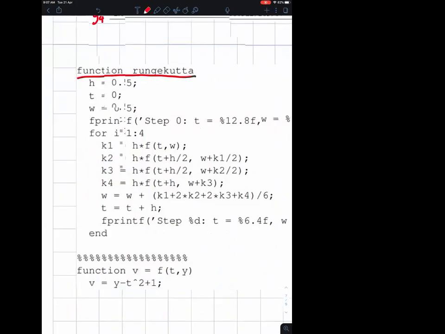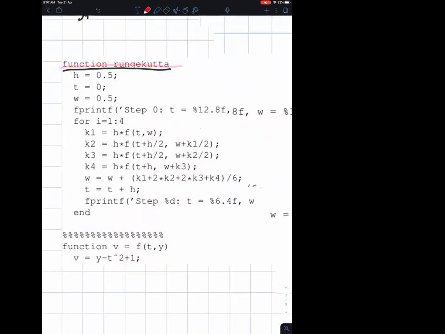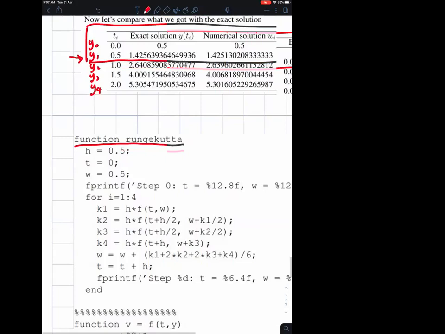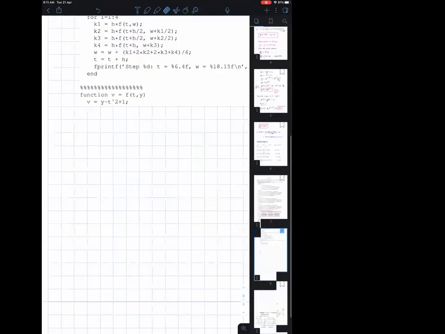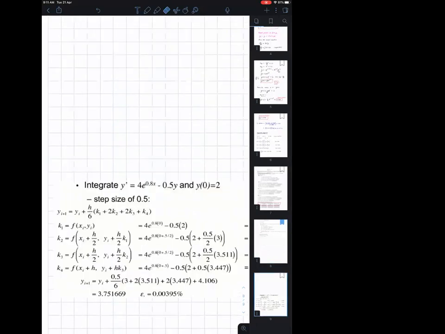H is the step, and t naught is 0, you can see from here, the initial condition. So this is what you're going to do.